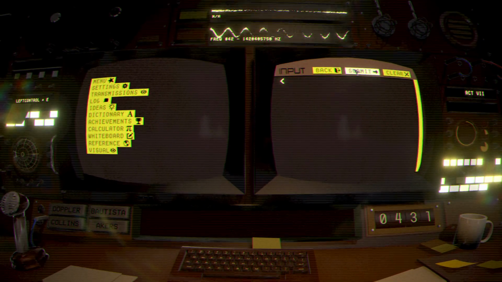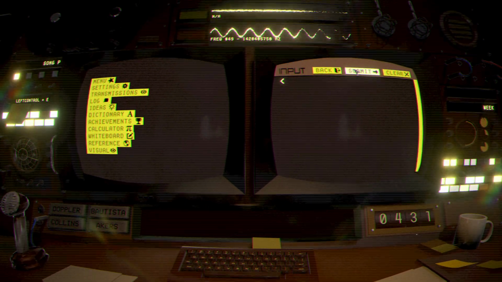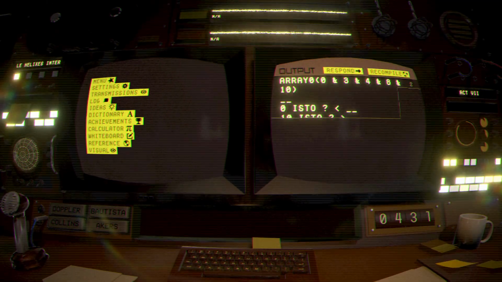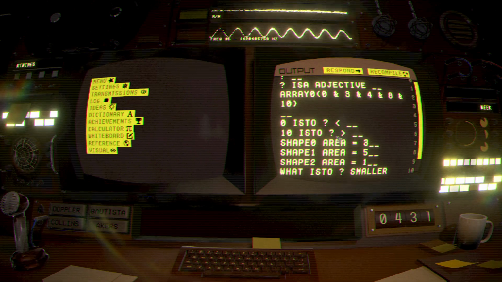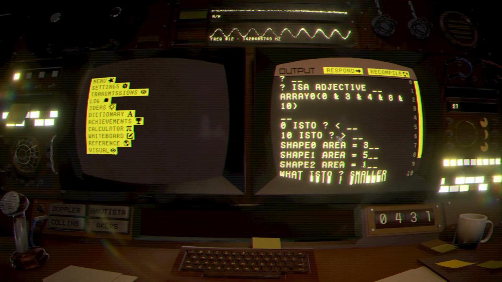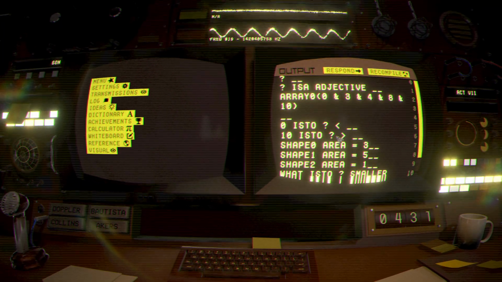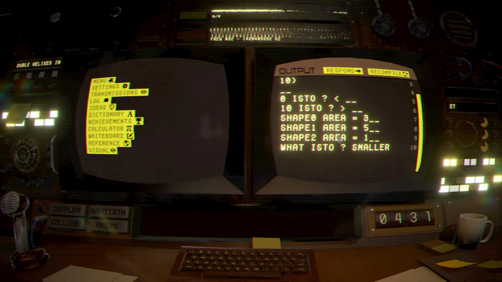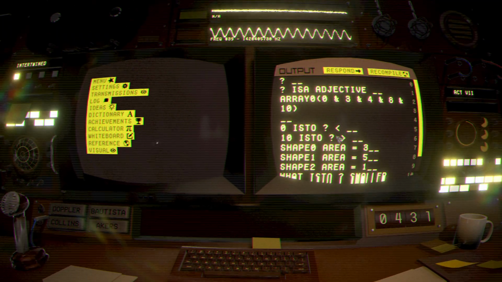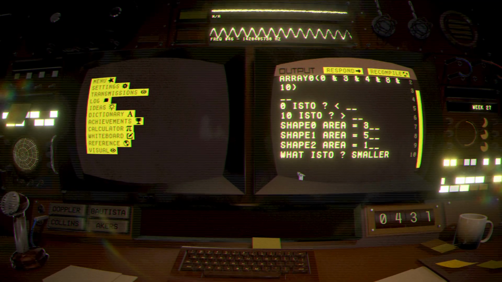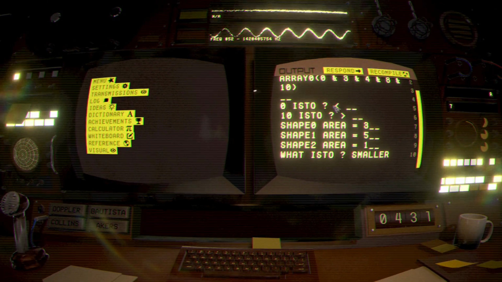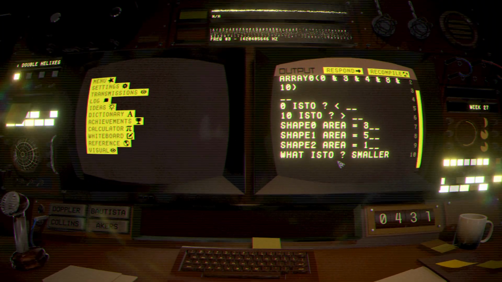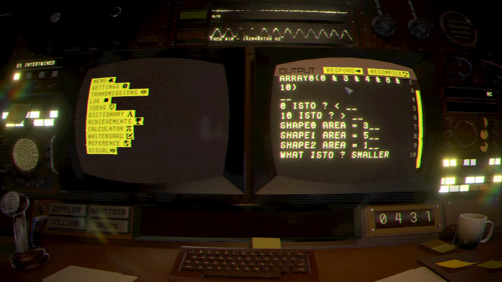No. Let me think. Wait a minute. So smaller would be kind of like least. Like they're saying, what's the start of the list? Try shape 2 because it has the least area.